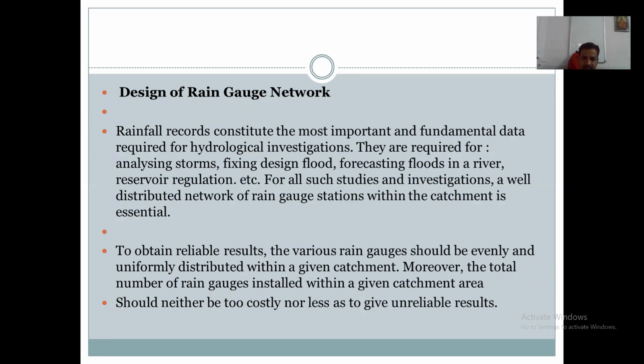For various purposes, it is required to design a rain gauge network: to calculate the intensity of rainfall, depth of rainfall, and average annual rainfall. So these are the various purposes.